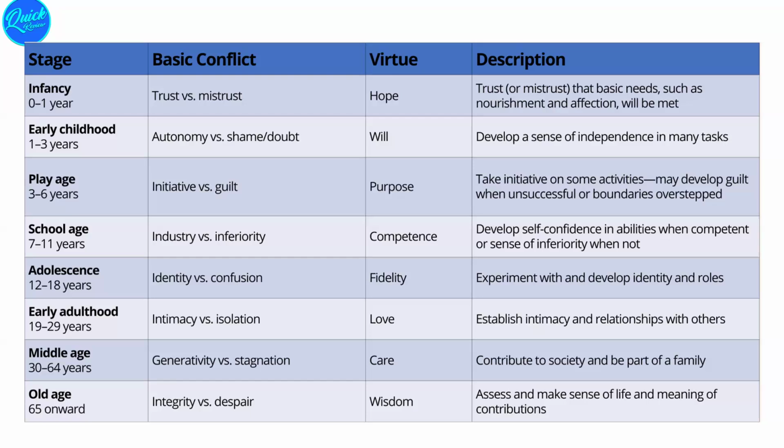That is integrity. In integrity, he's ready for death, like he doesn't have any regret. But when we talk about despair, here the individual will be scared, like one day I'm going to die, I've not done anything. This kind of thought will be continuously working in his brain, and he'll be scared of it. Okay, so this is our last stage.